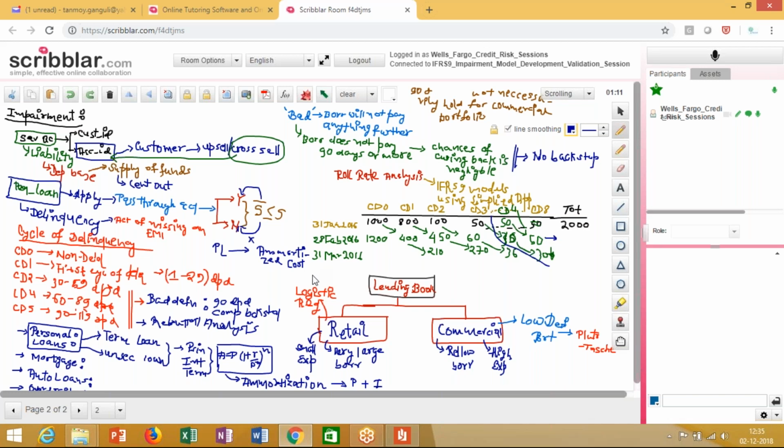So personal loans are assets valued at amortized cost, and because there is a monthly contractual payment, it also passes the contractual cash flow test, or the SPPI test, the sole payment of principal and interest. And finally, impairments for this asset, if any, can be treated under IFRS 9.